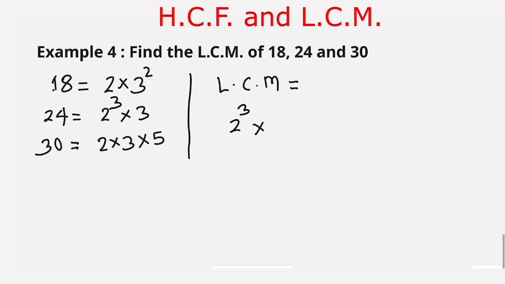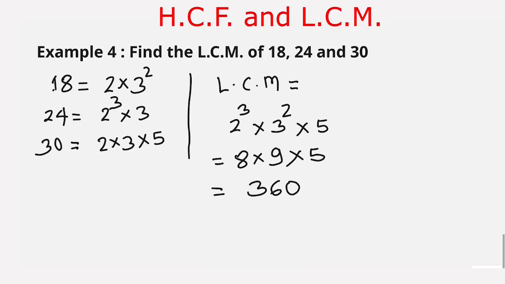Then highest power of 3 in all the given numbers is 3 to the power 2, and the highest power of 5 is 1. So we have taken the highest power of prime factors in the given numbers, and this is equal to 2 to the power 3 is 8, 3 to the power 2 is 9 and 5 as it is. So our LCM is 360.